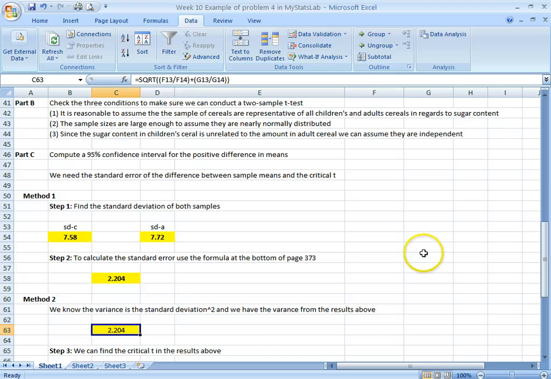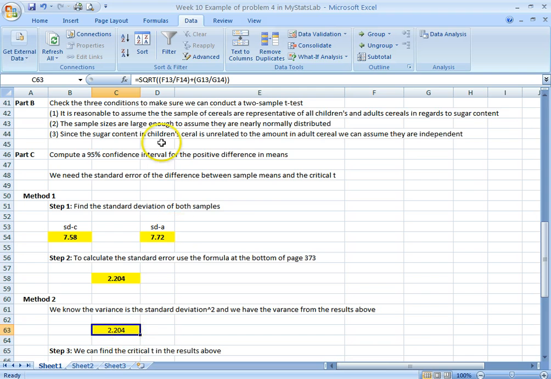Now, we can also come up with that same answer right here. As we noted earlier, we have the variance for each cereal sample already listed in our data results at the top. Well, if you can recall from your reading and working with statistics, we know the variance is the standard deviation squared. And we already have the variance above, so we can eliminate some of the steps that we did here.